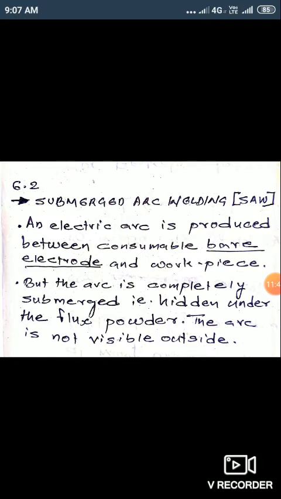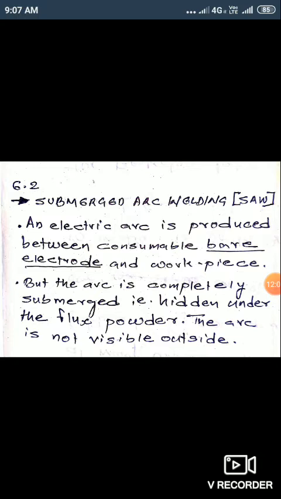The flux may be made of silica, metal oxide, and other compounds fused together and crushed to proper size. The flux serves as a shield and protects the molten weld pool from contamination.